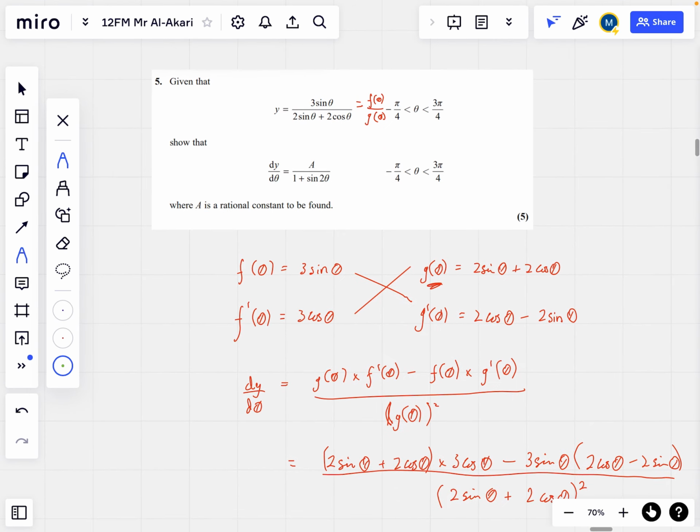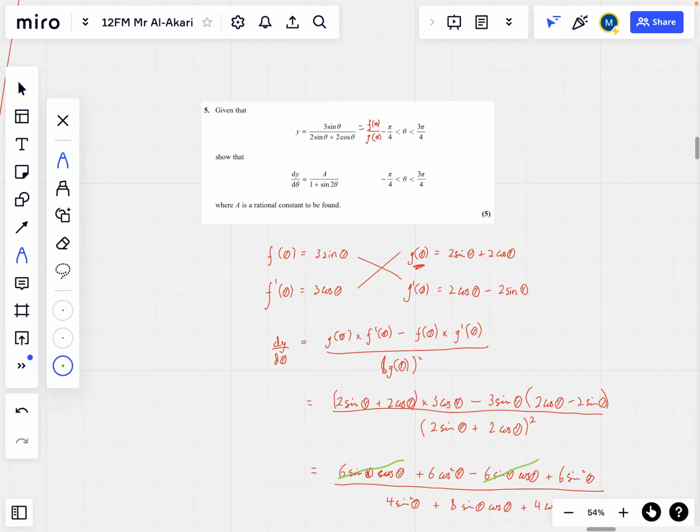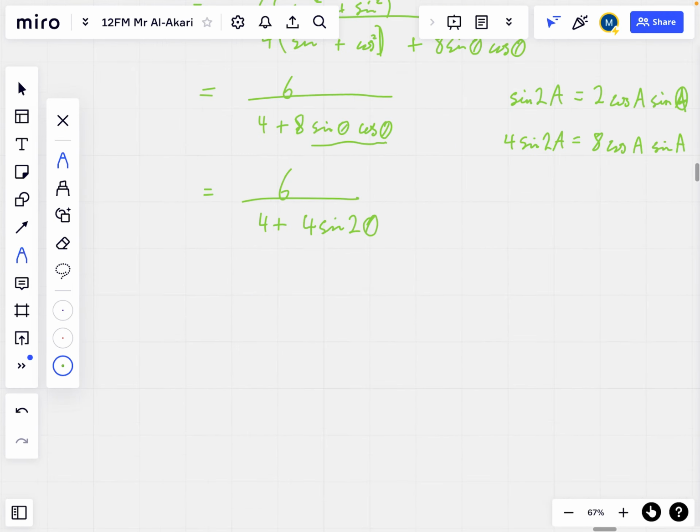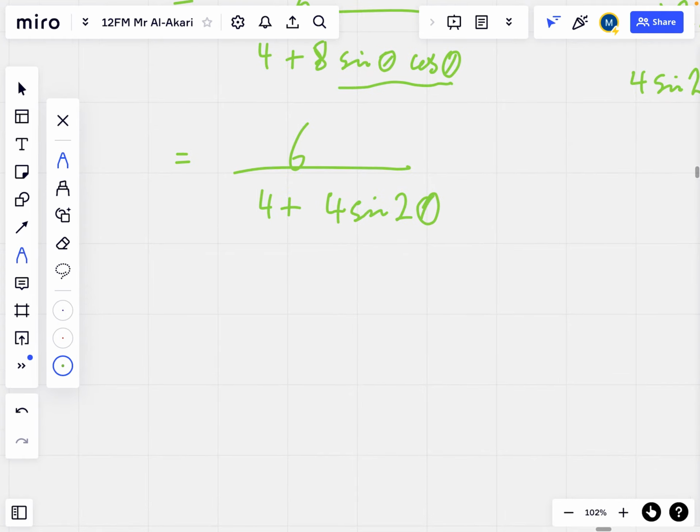So we're looking for a, where a is a rational number. A rational number means it can be a fraction. So what I'm thinking is we can factorize out the 4 from the denominator. So 4 bracket 1 plus sine 2 theta.